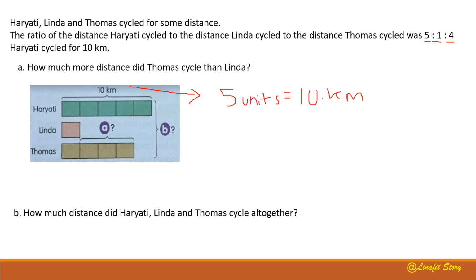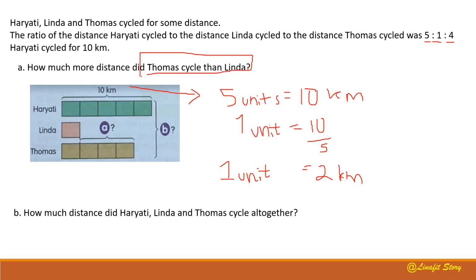How to get 1 unit? To get 1 unit is 10 divided by 5 equals 2 km. So if 1 unit equals 2 km, how much more distance did Thomas cycle than Linda? So you may find the difference between Thomas and Linda.